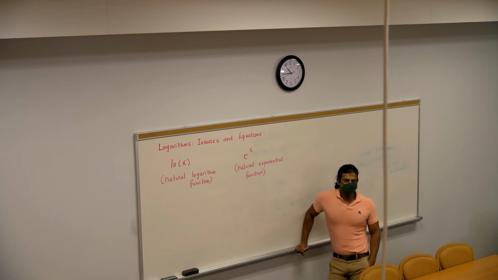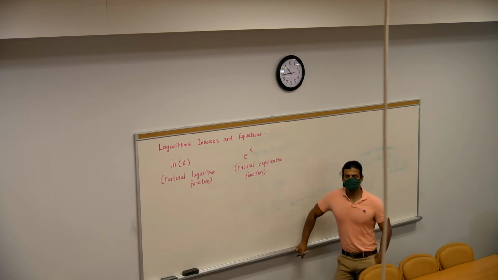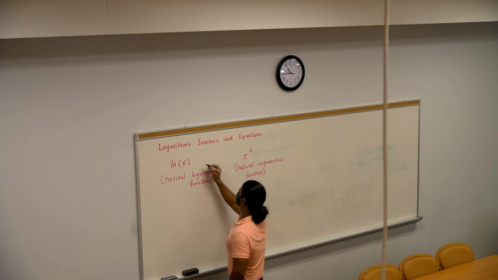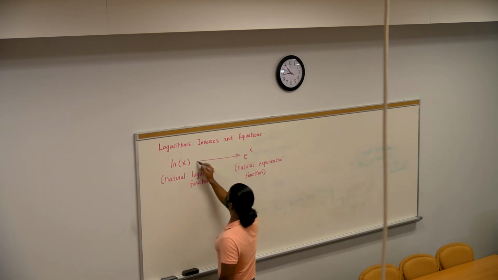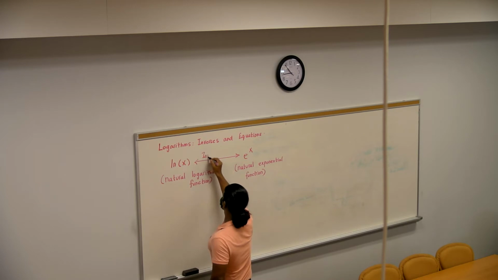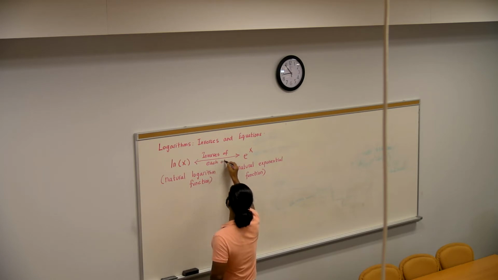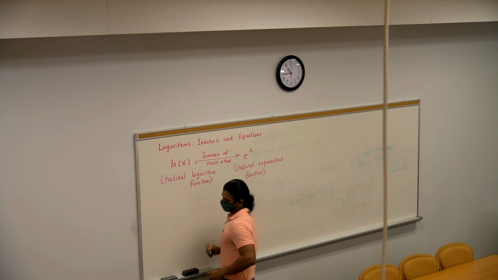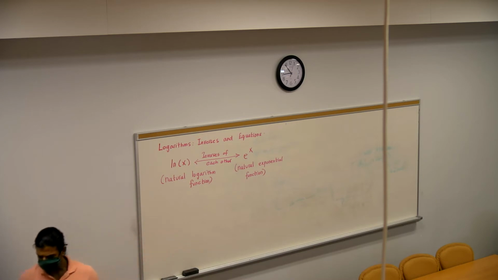And ln of x and e raised to x are inverses of each other. What do we mean by that?